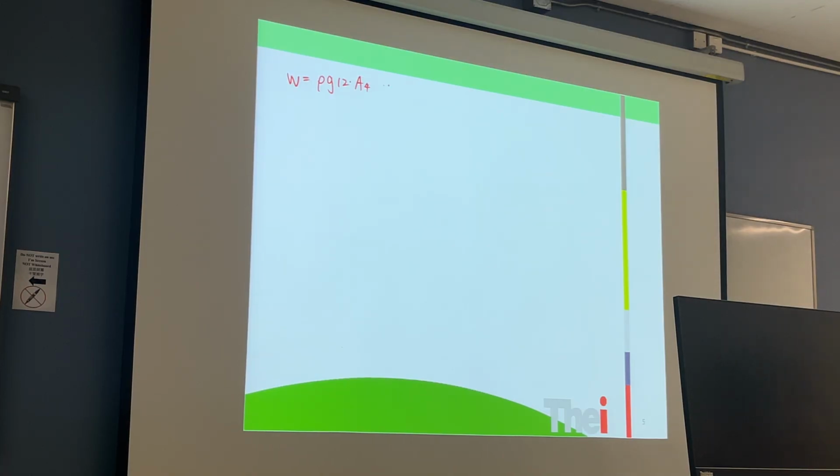It will be equal to 9810 times 12 meters long times A4's area, 9.82 meters squared, and this is finally calculated to be 1.156 meganewton. Okay, this is pointing downward.